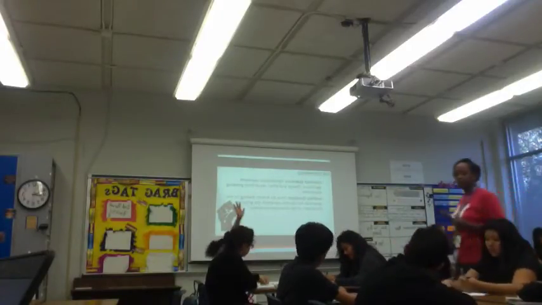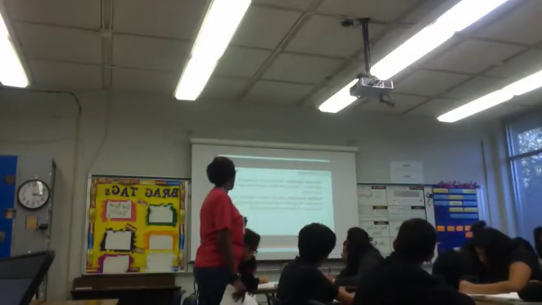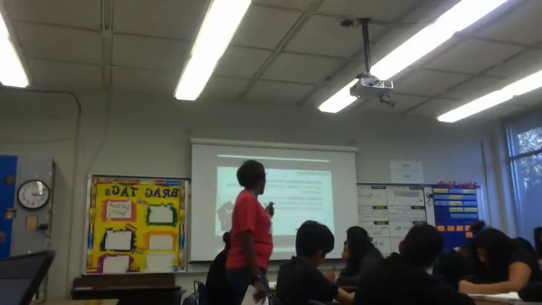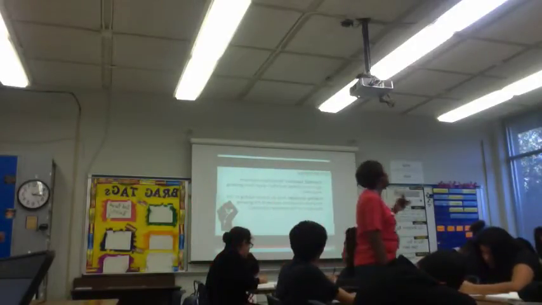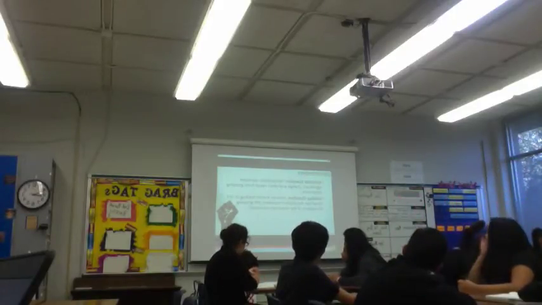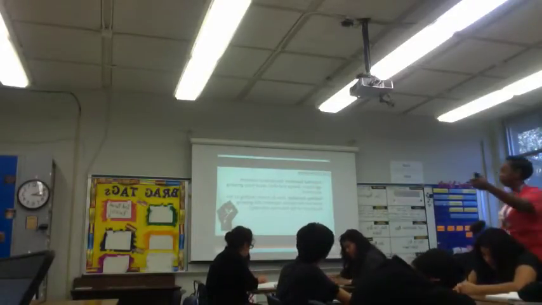Guiding question. Jose. How do events leading to the American Revolution represent the growing discontent of the American colonists? Remember, guys, we haven't reached the American Revolution yet. We're talking about events that are going to lead us to the American Revolution.